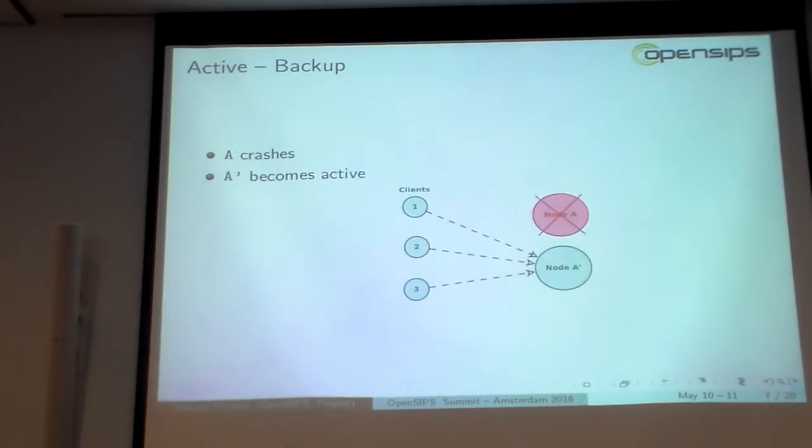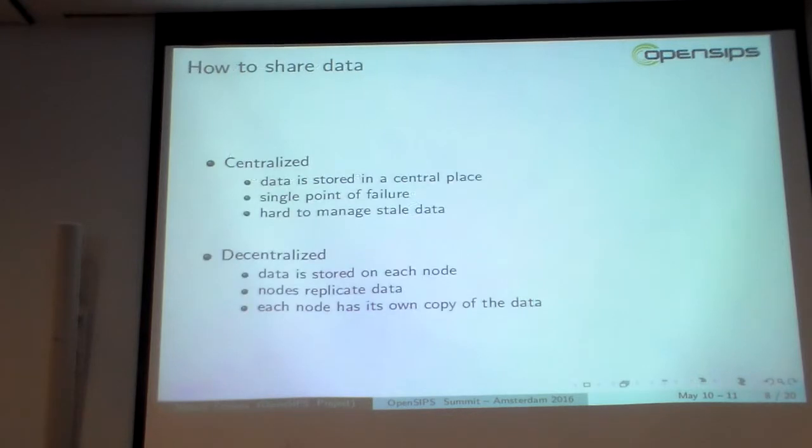Because if something happens and node A goes down, it has to become the primary node. It has to be the one that handles the traffic. And in order to handle the traffic, it must know all the dialogs, so somebody must have told it that. So again, A prime must know all of A's data, so we really need to share this information.